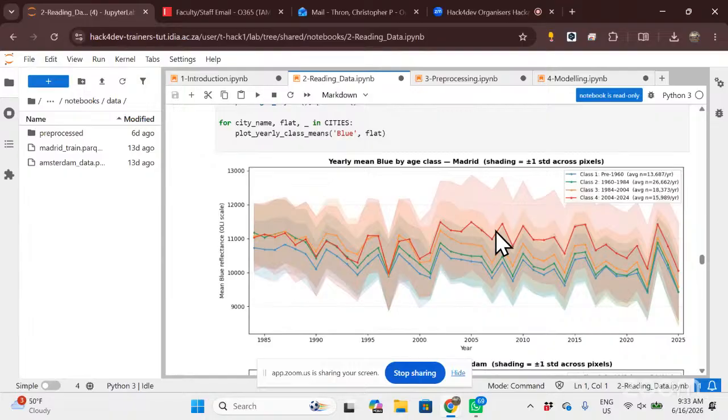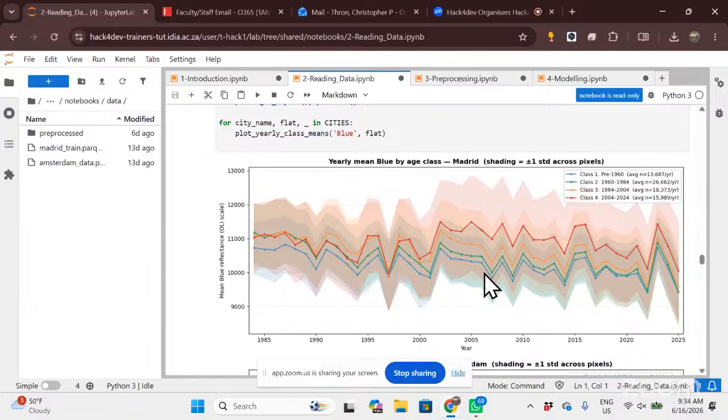What about the shaded regions? For instance, look at this up here. What does this red shaded region mean? Remember, the upper edge and the lower edge of the shaded region is plus or minus 1 standard deviation.